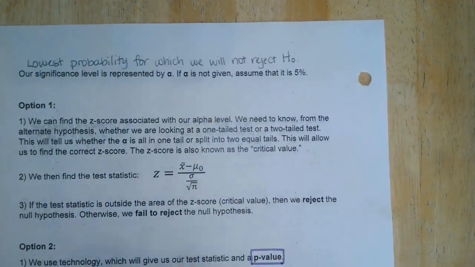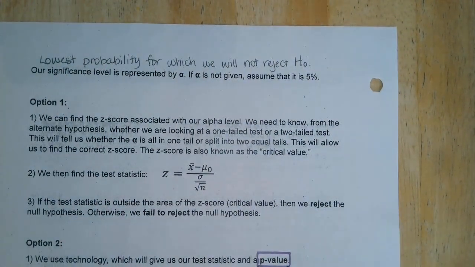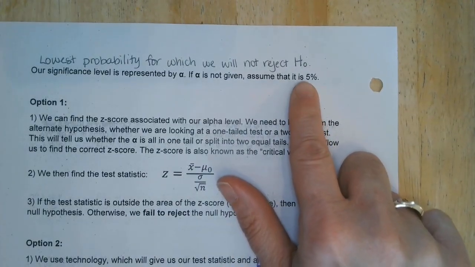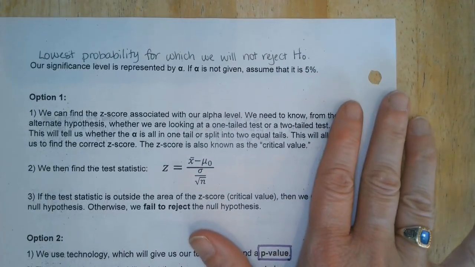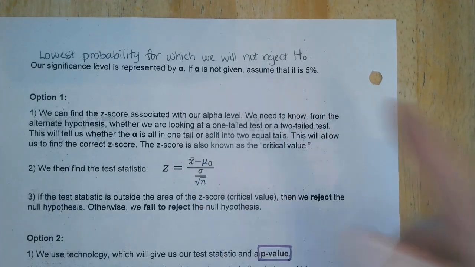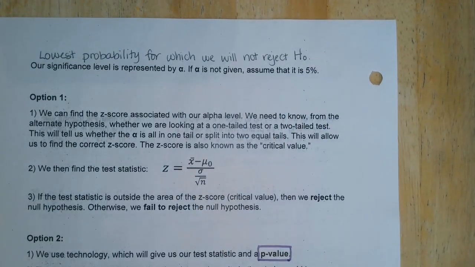Now, the other option, I will draw it out in a second and it'll make a little bit more sense, but we have this alpha level, which has a certain probability associated with it. And if we go farther from the population mean, our probability gets smaller. And if we go closer to the population mean, the probability gets larger.